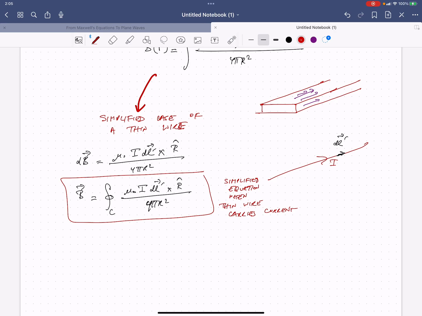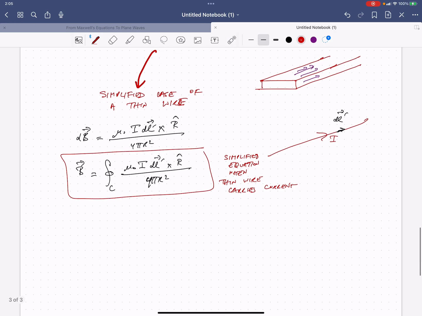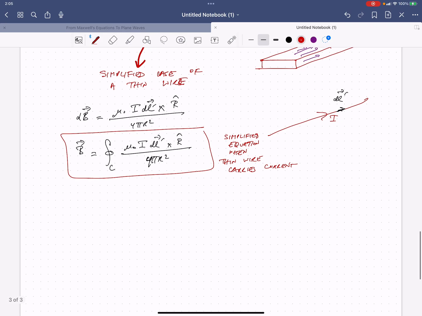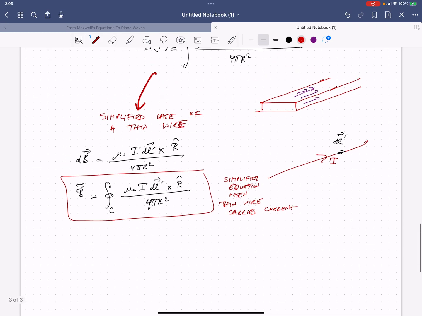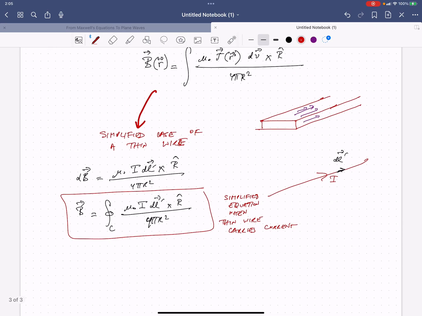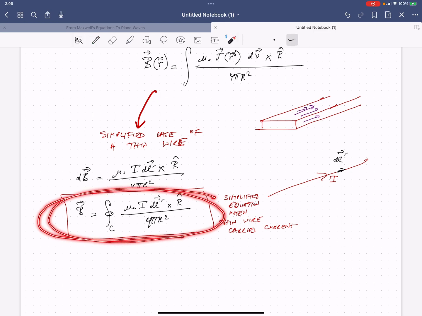Again, remember that we're in cylindrical coordinates. In the case of a DC current, a current that's not changing, this is all you need to know in terms of the magnetic field.